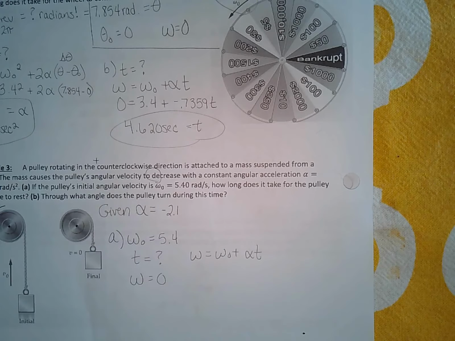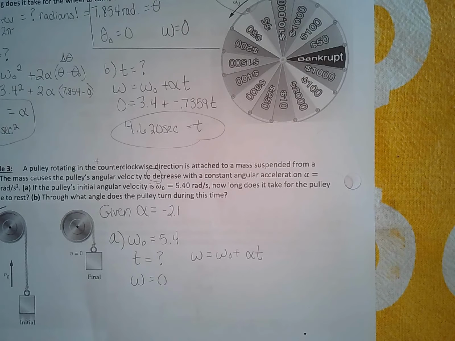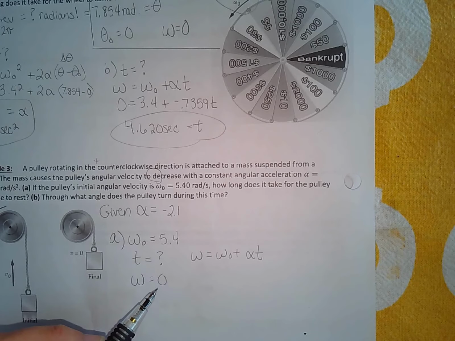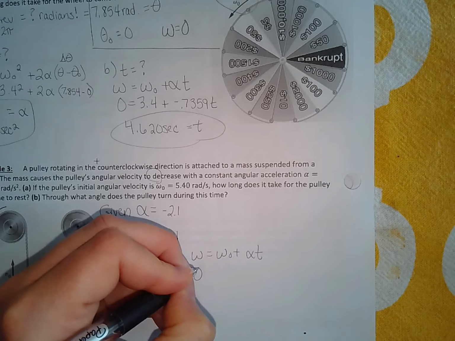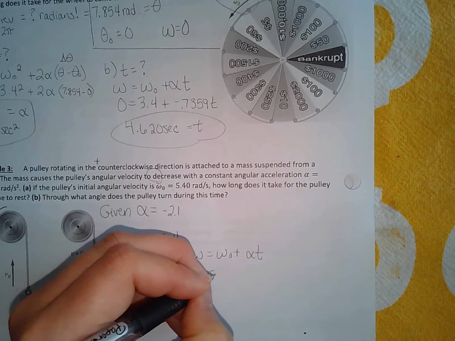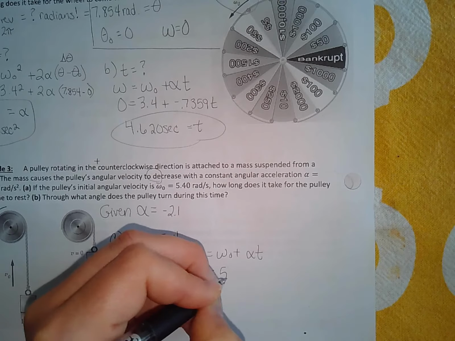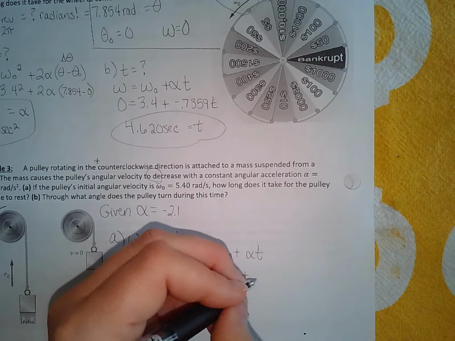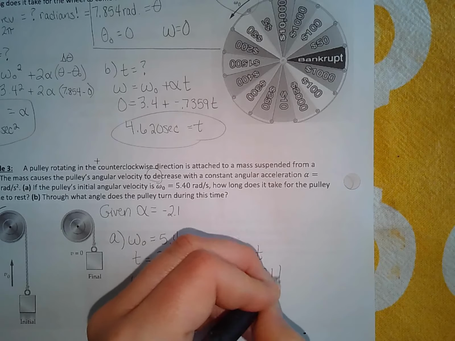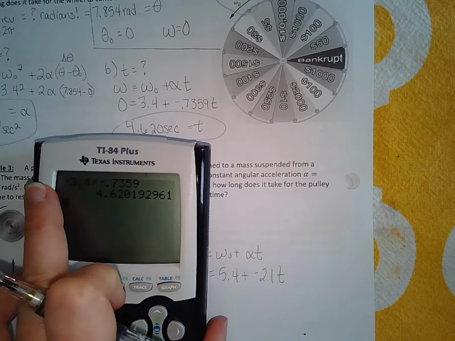I think we have everything we need here. Let's plug everything in. Come to rest, 0. And original, 5.4. Angular acceleration, negative 2.1. And time is unknown. Let's grab our calculator.